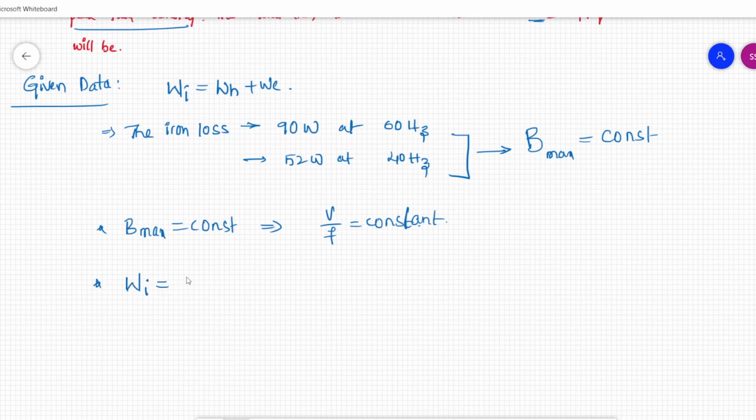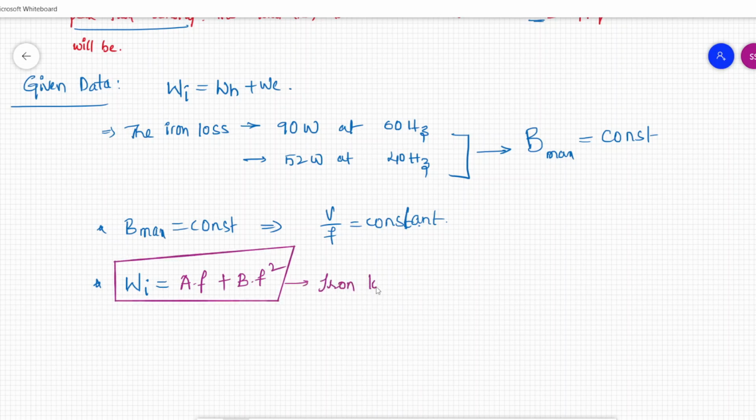So iron loss is equal to A into F, this is hysteresis loss, plus B into F square, this is eddy current loss. So this is the iron loss at V by F ratio maintained constant. The question itself mentioned that peak flux density is the same in both the cases.